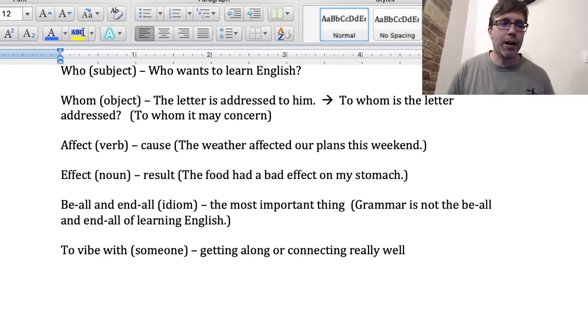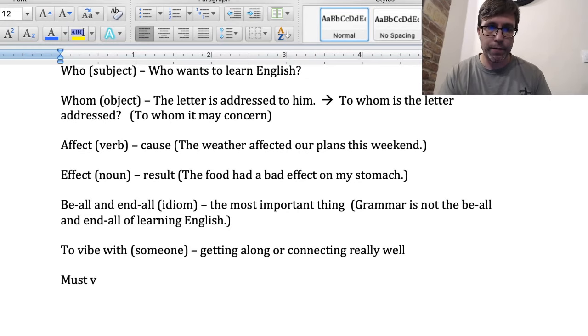If I say, I have to go to the doctor and I must go to the doctor, it means the same thing, but I feel like must is a little more, it's stronger. It makes me think that, okay, whatever it is, it's important and they really must go soon. So I'd say that must is stronger.